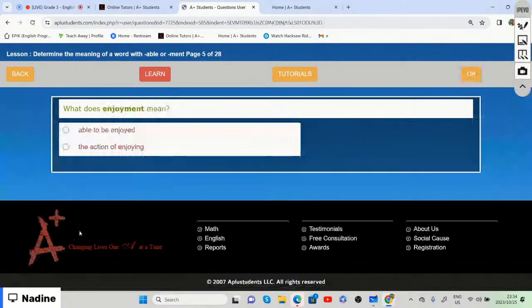And what does enjoyment mean? So we said enjoyable is able to be enjoyed, but what does enjoyment mean? Is enjoyment able to be enjoyed or the action of enjoying?